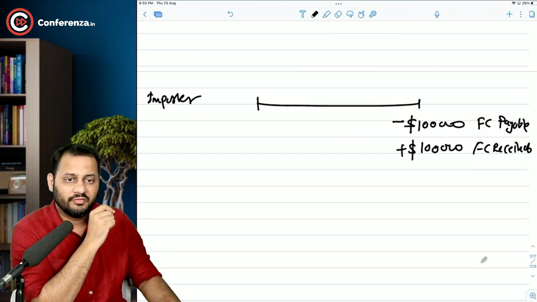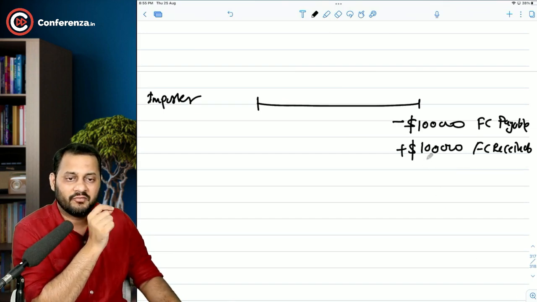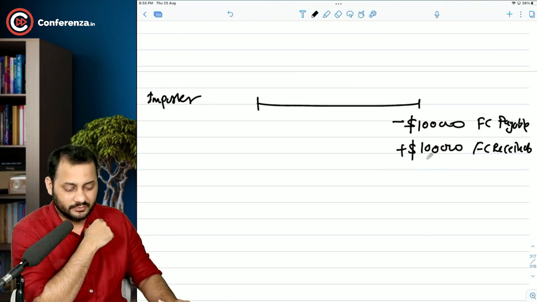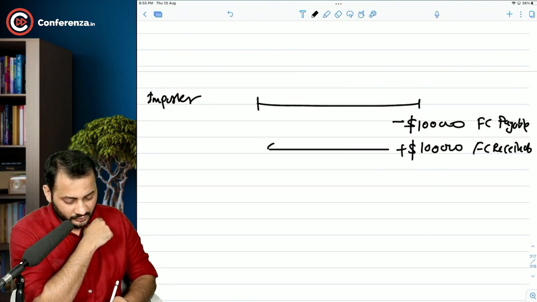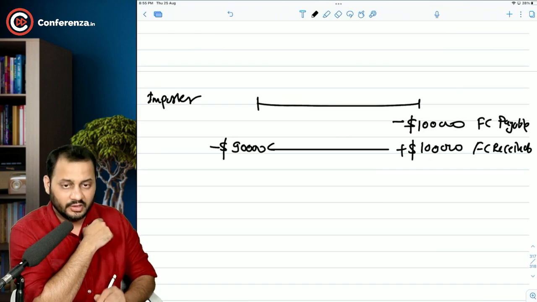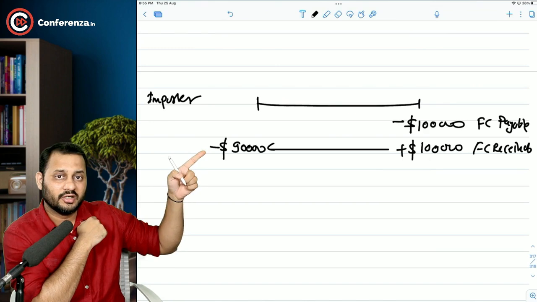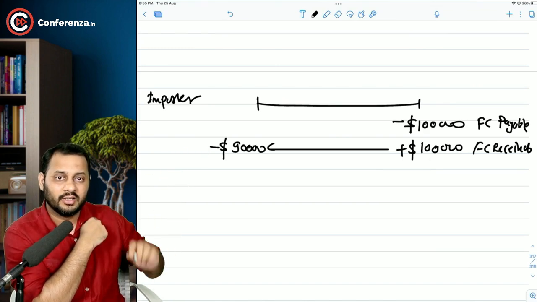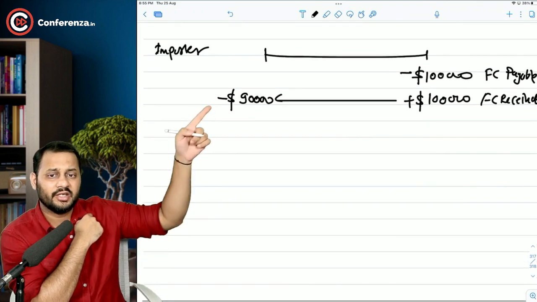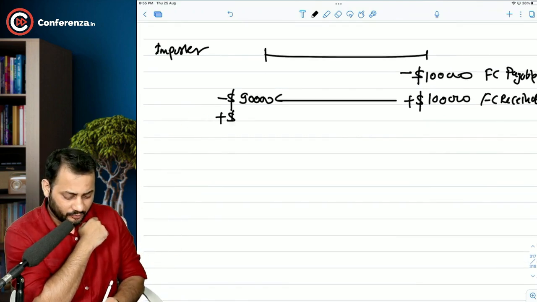Why do you think we will receive money in terms of dollar after 6 months? This is only possible when you invest dollar, the present value of 1 lakh, in America today. Along with interest, it will become $1 lakh. When can you invest the dollar? First, you will have to buy the dollar.